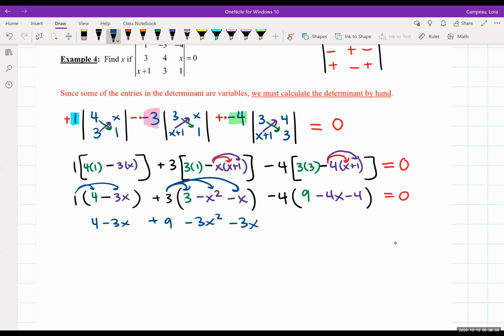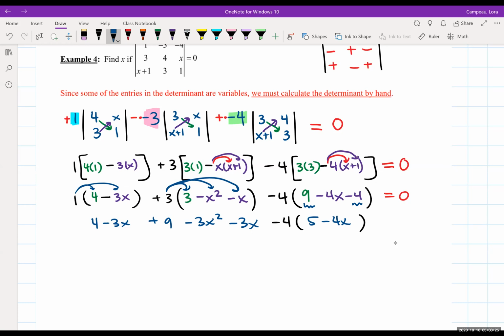And then perhaps, I can do distribution too, but I may look at this -4 part, and I know that 9 minus 4 is 5, so that might be quicker for me to deal with first. I've got those like terms. So I have 5 minus 4x. And it's just an extra step.